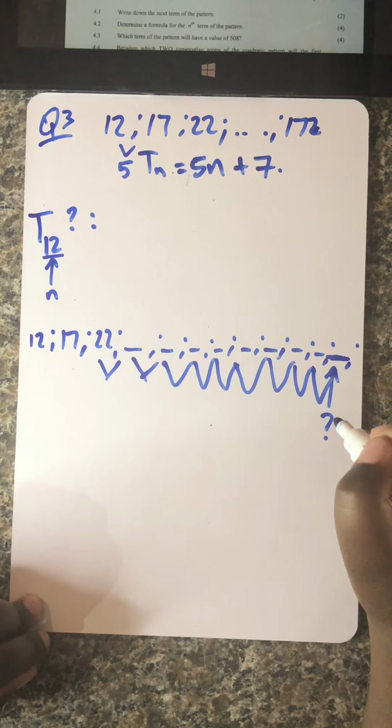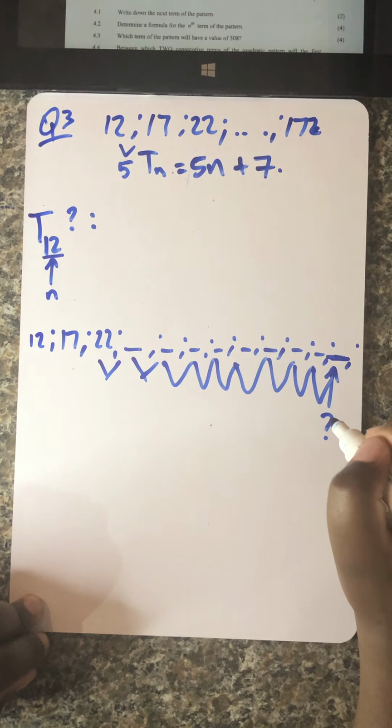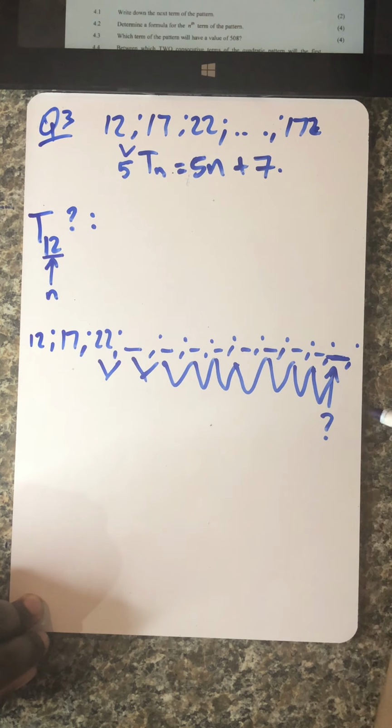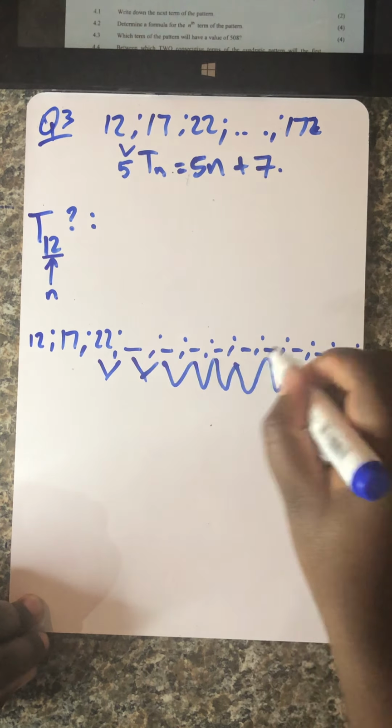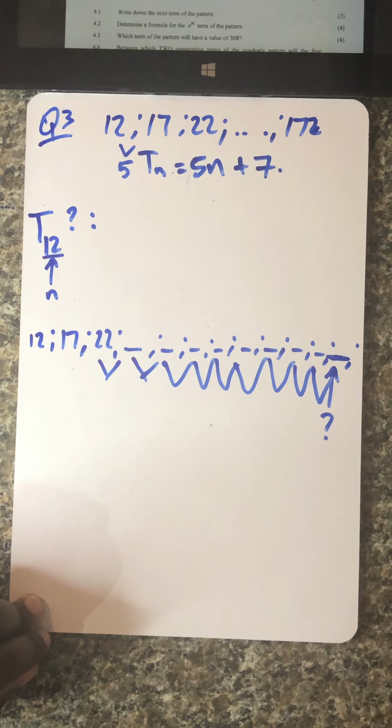That's why in the beginning I've indicated that if they say what is the number for maybe the 117th term, that means you're going to add by 5, by 5, by 5 up until you get to that term. So it might take you a bit longer, okay?